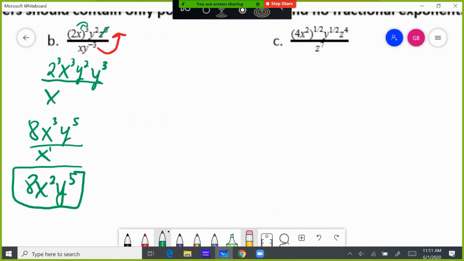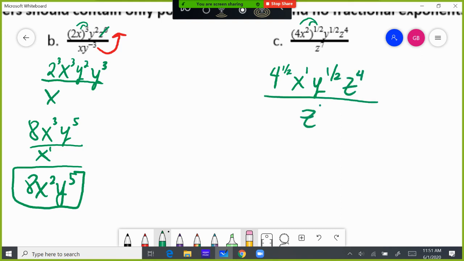Okay, now C. Even with fractions, it's the same rules. We're going to distribute that there. So it's going to be 4 to the power of 1/2 x. 2 times 1/2 is actually just 1, so that's simplified nicely. y to the 1/2, z to the 4th, over z to the 7th.